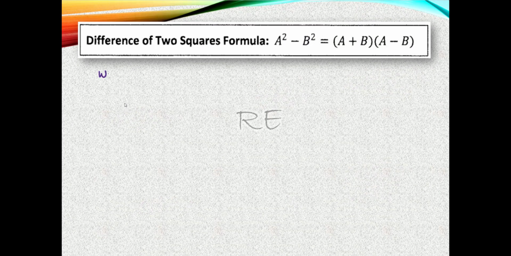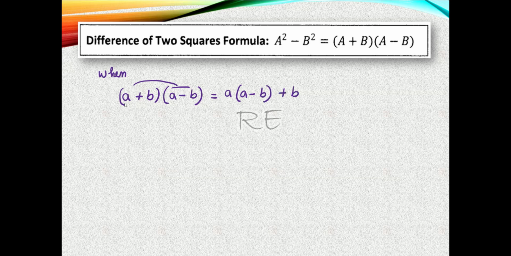We're going to multiply a plus b by a minus b. When a plus b is multiplied by a minus b, let's see what happens. We're going to distribute a over a minus b. Therefore, we have a times a minus b, and we're going to distribute b over a minus b plus b times a minus b.